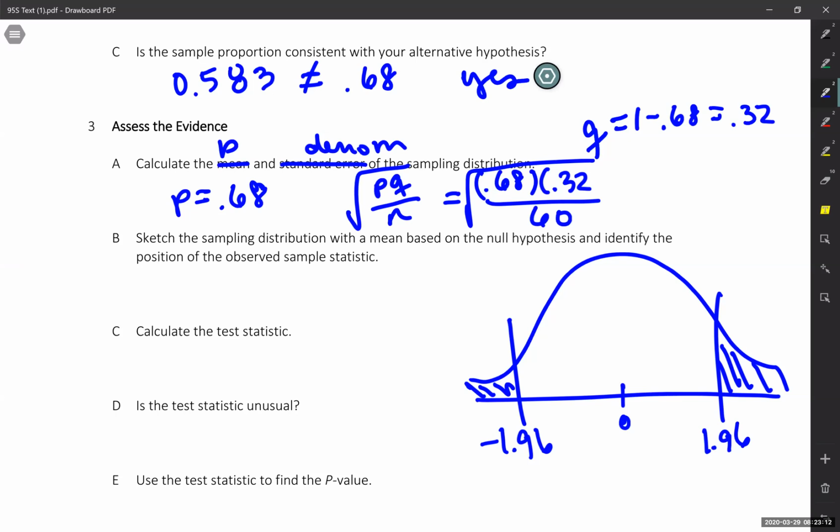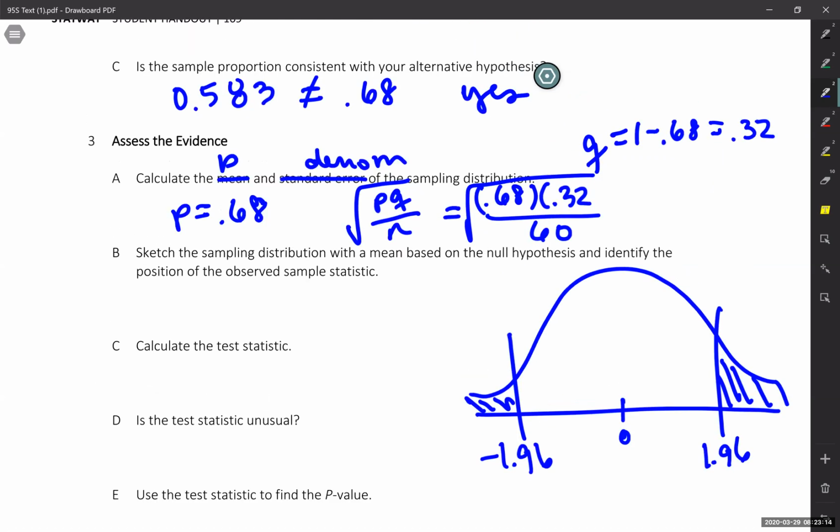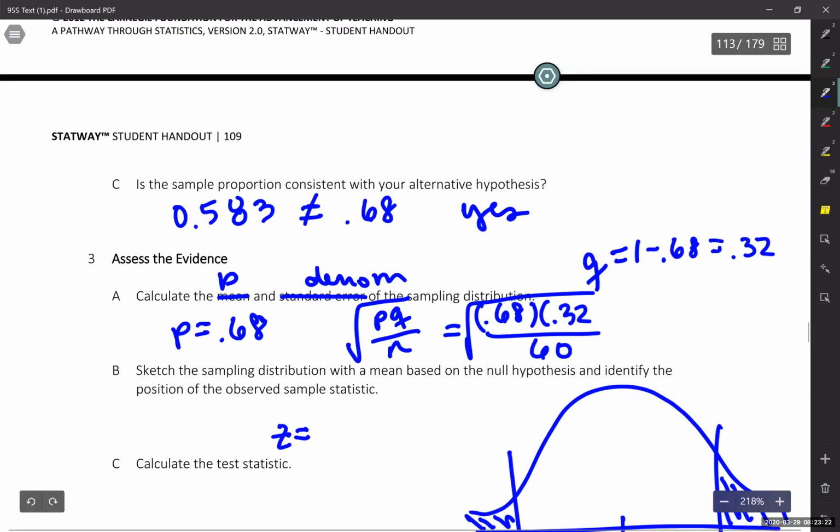Is there a good place to write this? Not really. Z equals P hat, 0.583, minus P, over this denominator that we just came up with.